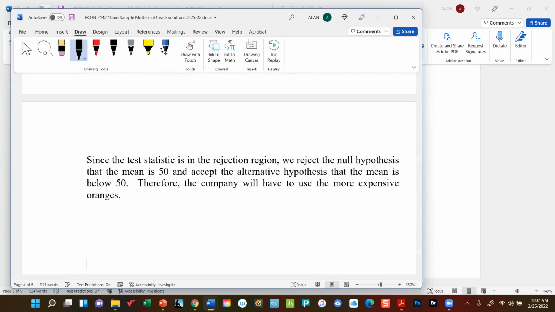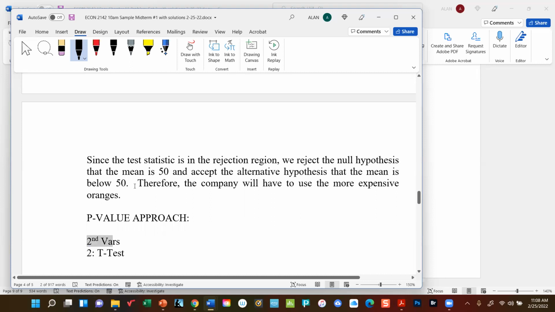Or, as usual, we can try the p-value approach. Number 2 is T-Test. It's a single population, so we use the t-test. It's why do I keep doing that? It's the Stat Tests menu.